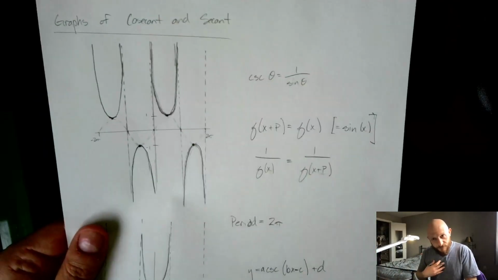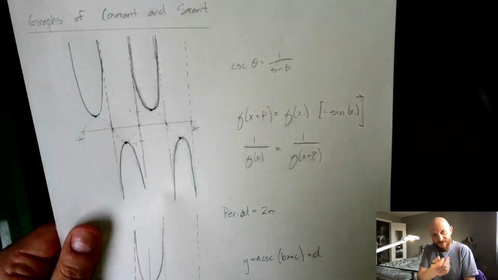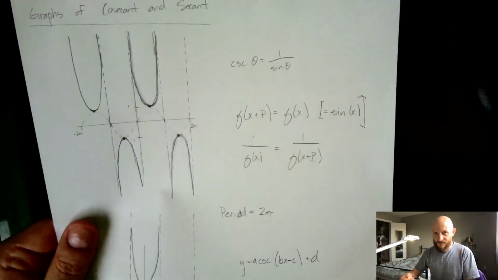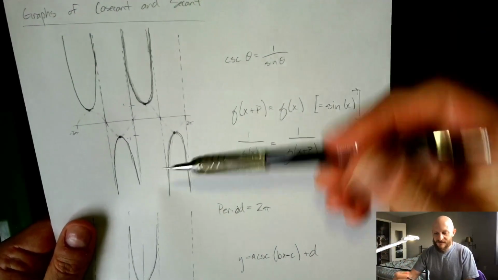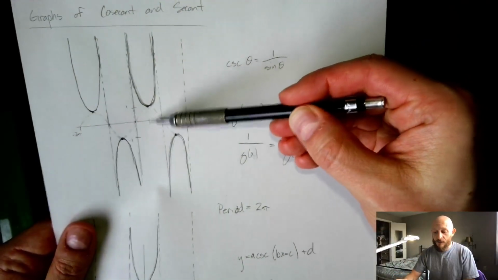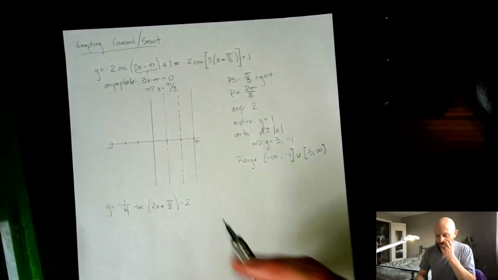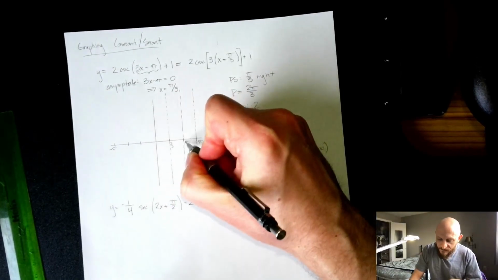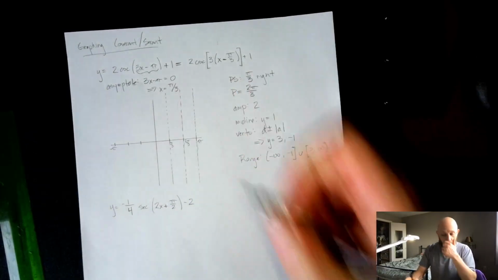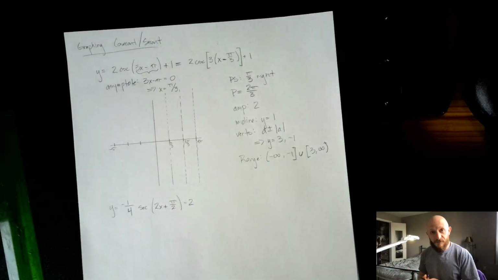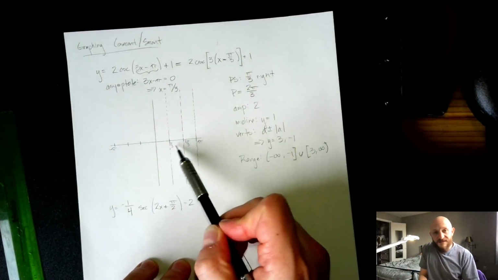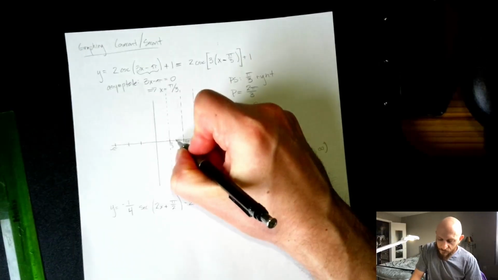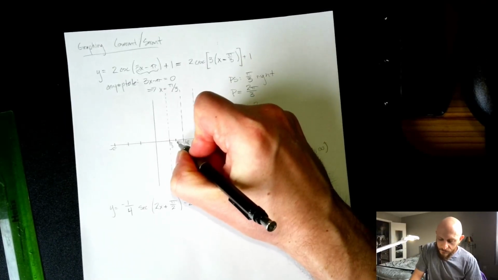So what personally I like to do, and maybe your teacher will allow you to do this, rather than thinking about the phase shift and all that to try to find points, is just plug in a midpoint. So this is pi over 3, this is 2 pi over 3. What is the midpoint between pi over 3 and 2 pi over 3? Well, add these together and divide by 2. It's pi over 2.